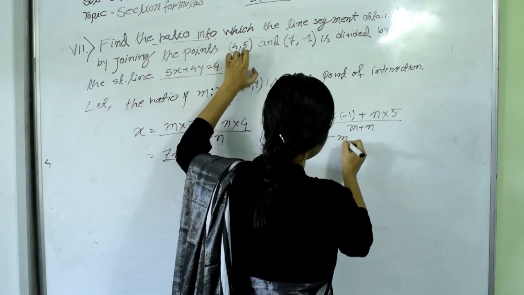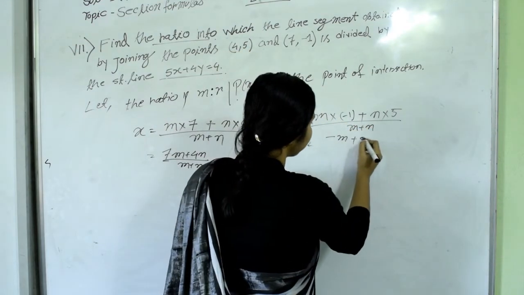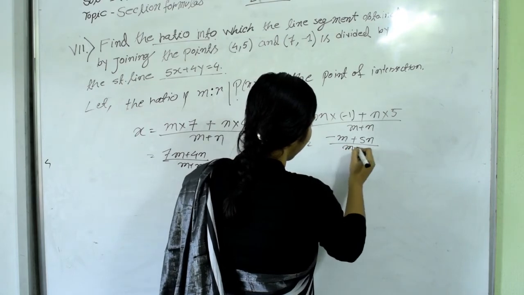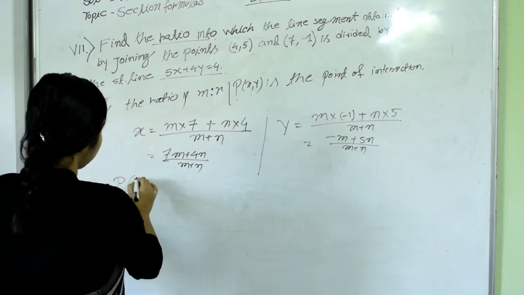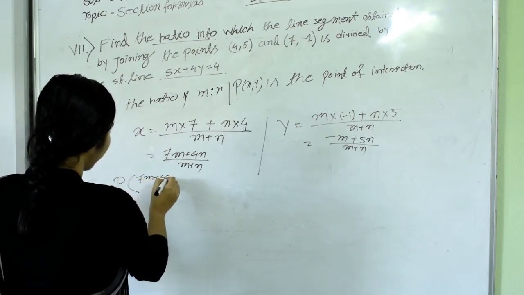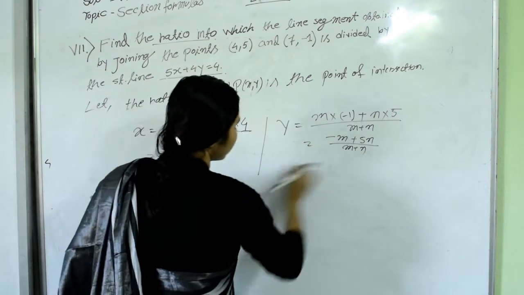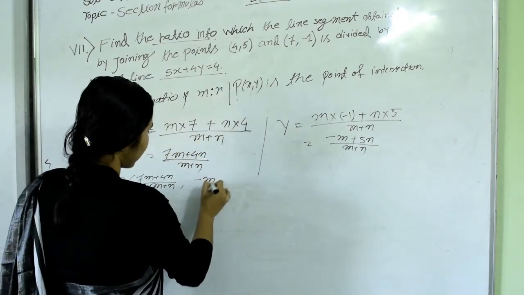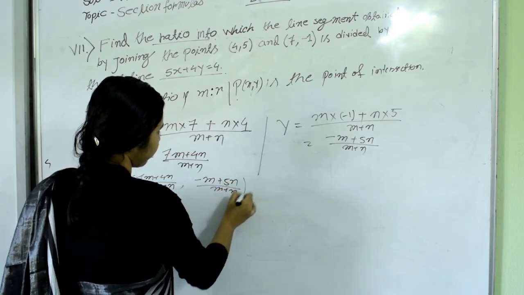So y is (-m + 5n) by (m + n). Hence the coordinate of the point P: x is (7m + 4n) by (m + n), and y is (-m + 5n) by (m + n).